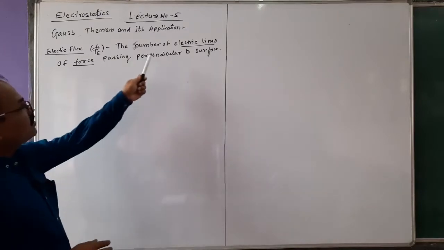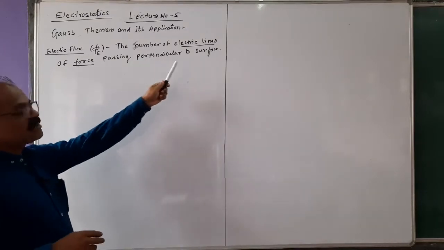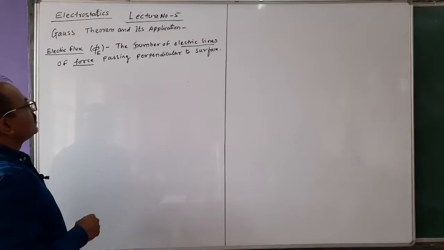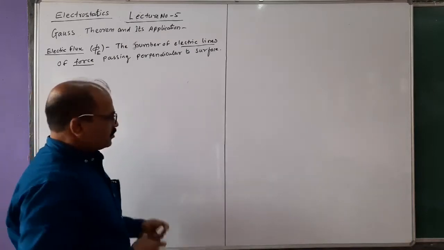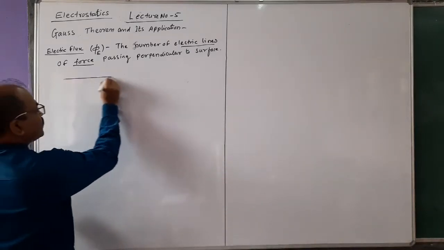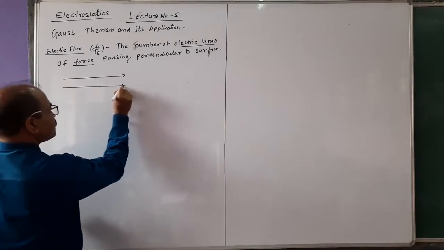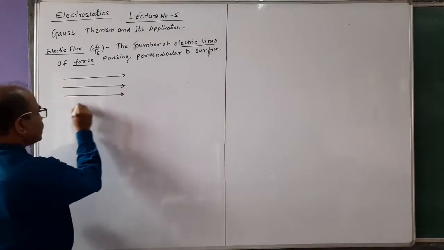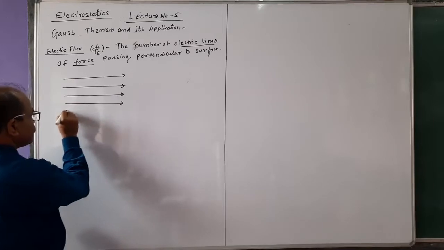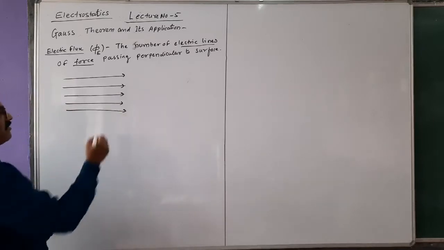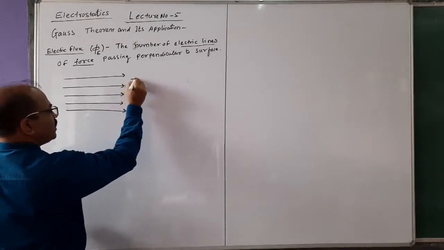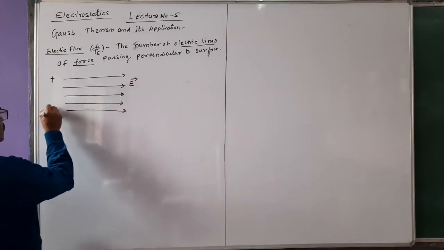So this is the number of electric lines of force passing perpendicular to the surface. Suppose this is the direction of the electric field. A uniform electric field shows parallel lines having equal spacing, E. This is the electric field E, suppose from positive to negative.